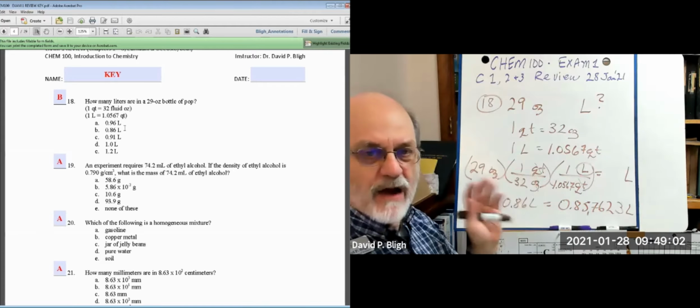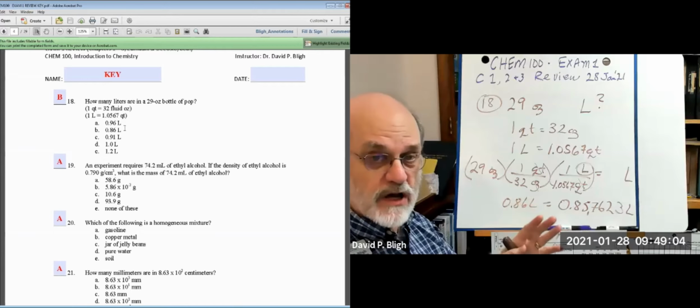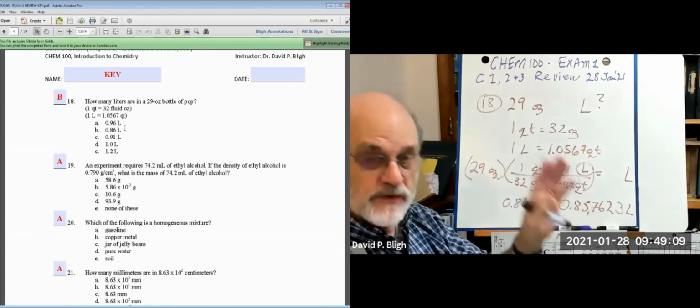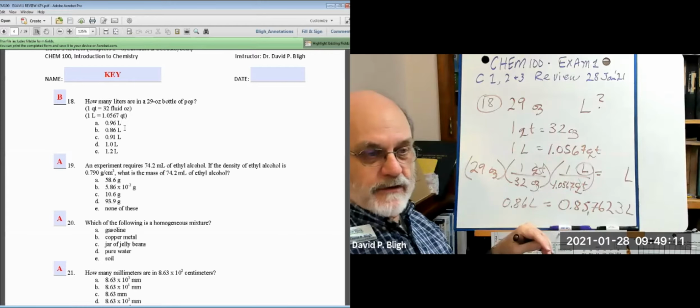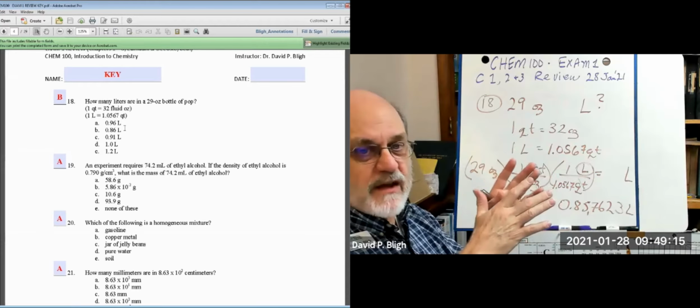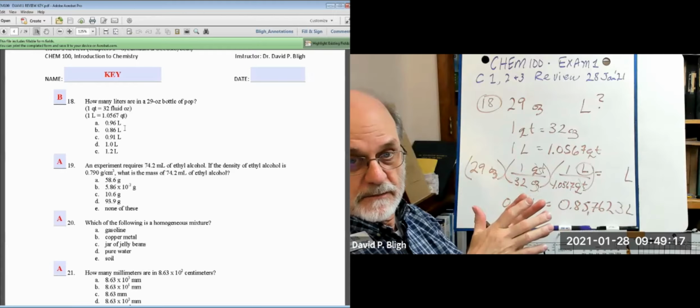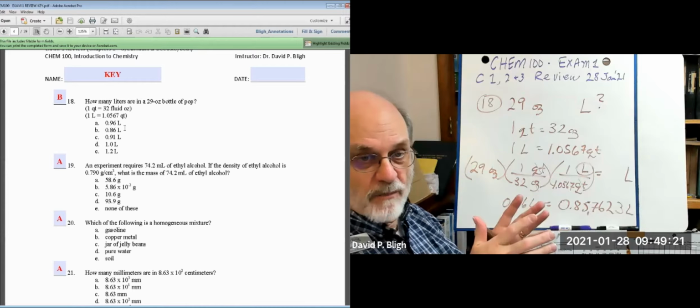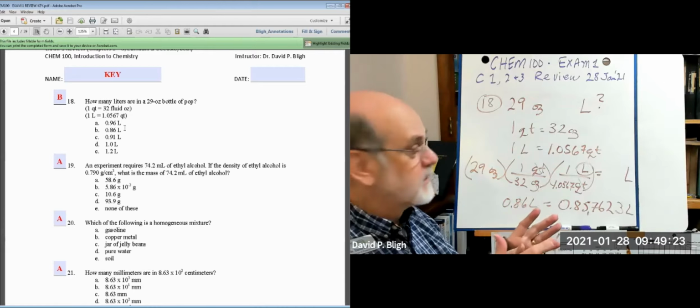Then you say, how do I get to the answer of that question? Can I go directly there, or do I need to go several places? If it's very complex, you may have to devise a sequence of operations. And very often, those sequences are best developed by going backwards.